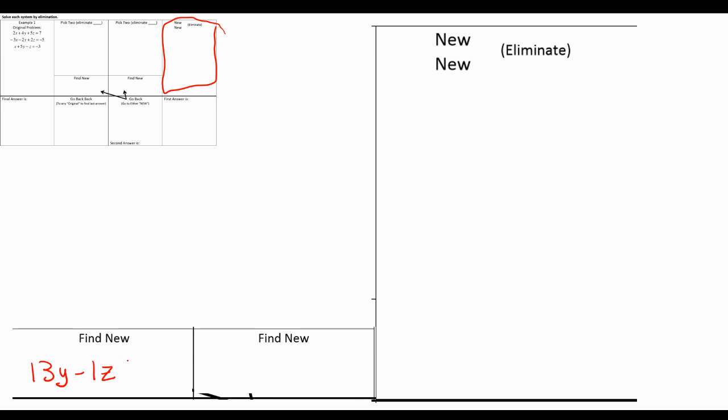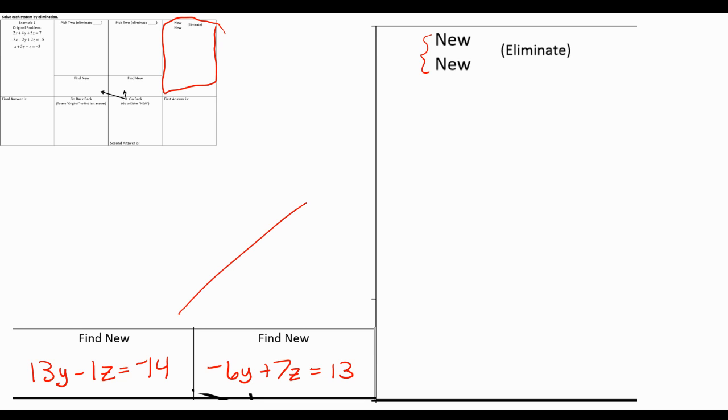13y minus 1z is -14, and your other new was -6y plus 7z is 13. Now is where you're going to need a calculator. So you're going to pick 2, find a new one, pick 2, find a new one. Now you're going to stack them, new, new, and we're going to eliminate.